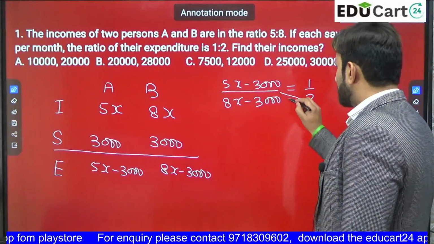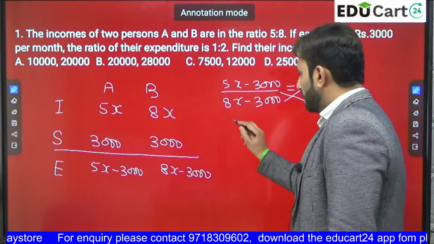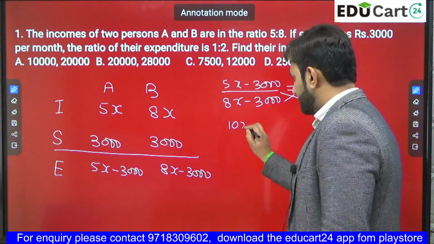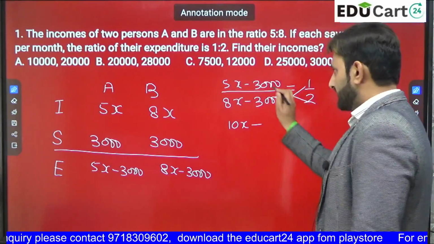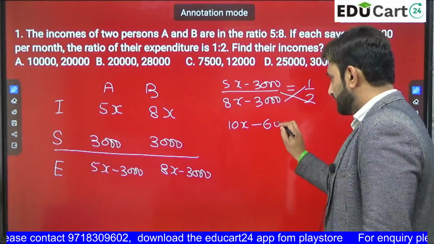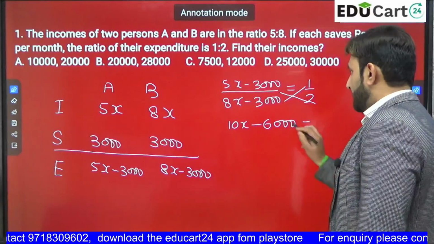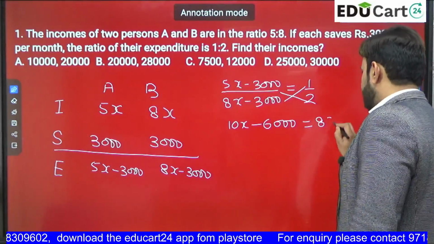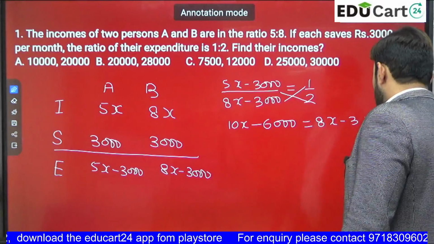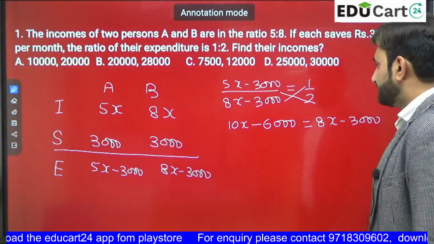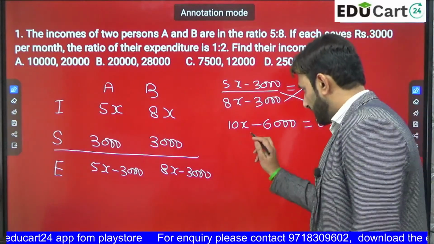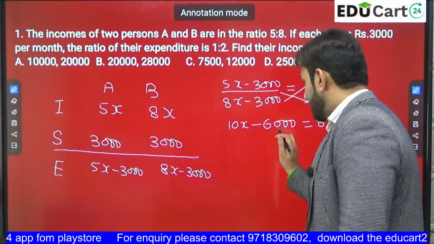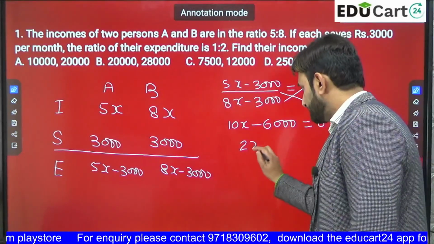Just go for the cross multiplication. 2 into 5x, you will get 10x minus 2 into 3,000, which is 6,000. That is equal to 8x minus 3,000. This 8x will go there, so it becomes 10x minus 8x, 2x.